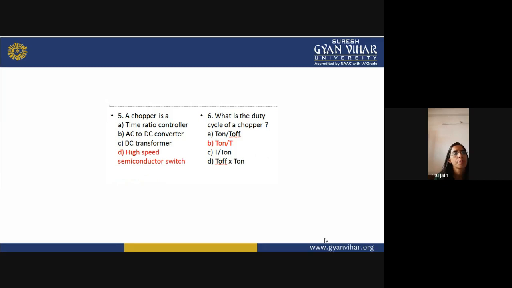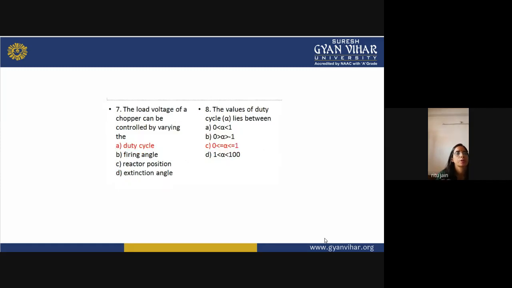So a chopper is a high speed semiconductor switch. Now, what is the duty cycle of a chopper? The duty cycle of a chopper is turn on time divided by T.